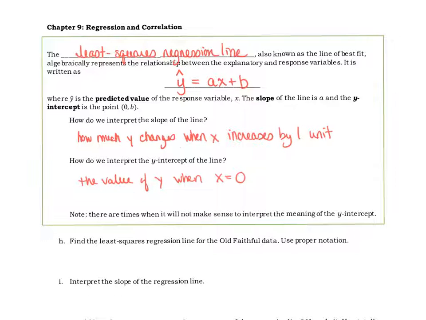If we were, for example, comparing height and weight, and we were trying to predict somebody's height based on their weight, so x is the weight and y is the height, it would be inappropriate to say someone weighs 0 pounds, because if you weigh 0 pounds, you're not a person at all. You weigh nothing and you have no height. So that's a situation where it wouldn't make any sense, and then you just state it doesn't make sense to do that.